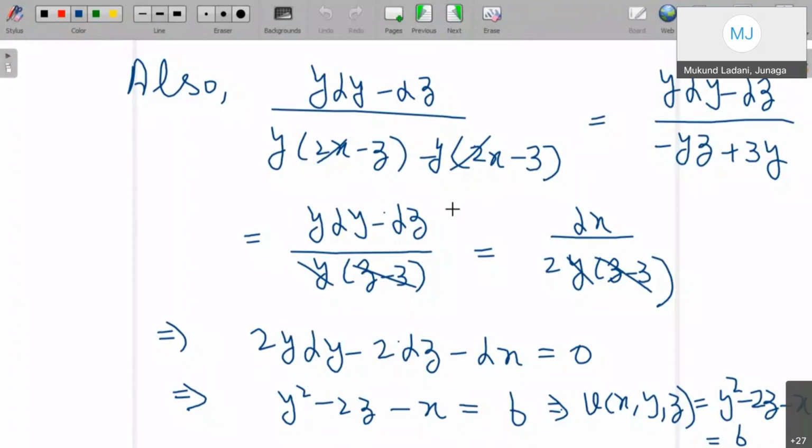Okay, so now look here. I think we have y times 3 minus z here, so there must be a minus sign. Minus 2y dy plus 2 dz minus dx, minus y square plus 2z minus x. So minus y square plus 2z minus x equals b.